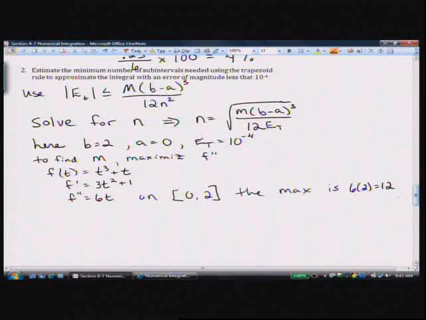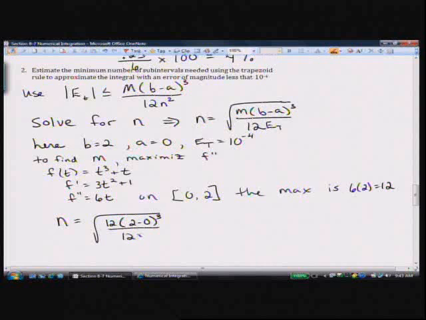Okay. All right, so now we have everything we need to get n. N is going to be the square root of 12 times (b minus a, which is 2 minus 0) cubed over 12 times 10 to the negative 4.